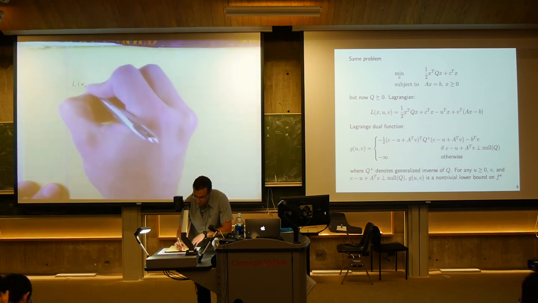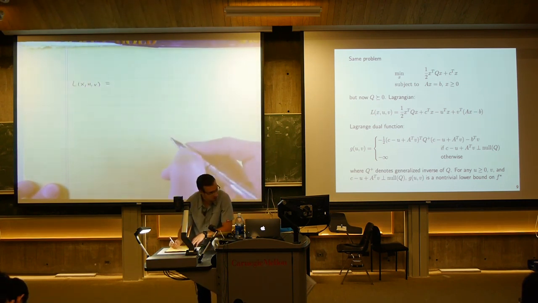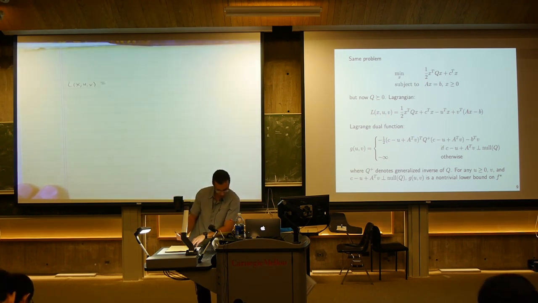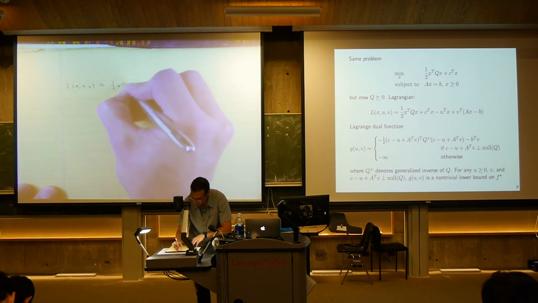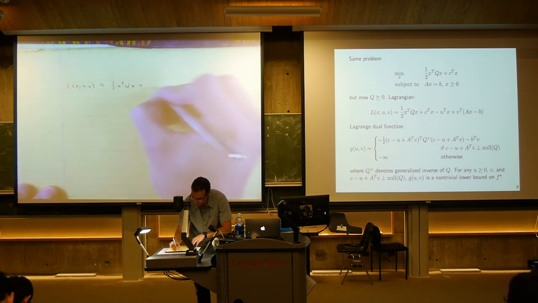Same thing as before. Let's write down the Lagrangian, and we'll skip right to the form we had last time, combining all these things into just one linear term on x.